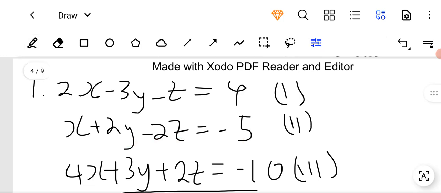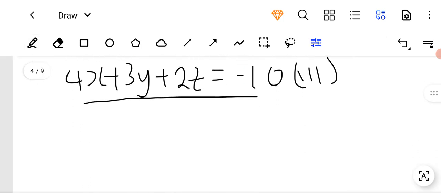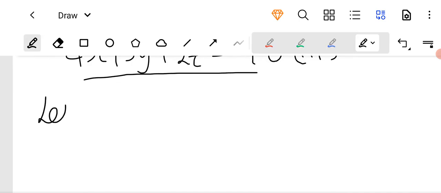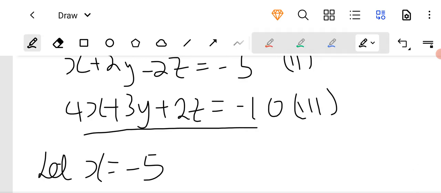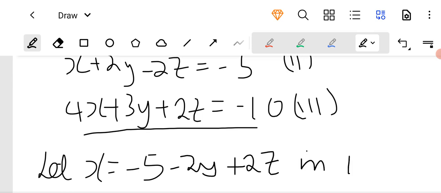So I'll say, let x be equal to negative 5 minus 2y plus 2z in equation 1.